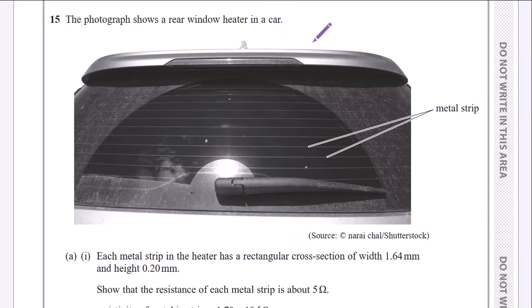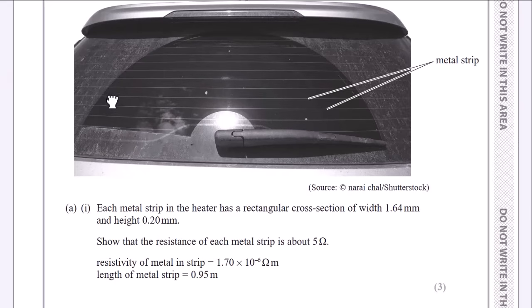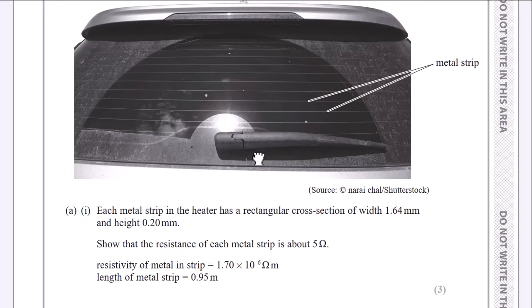Okay, so now let's move on to question 15. The photograph shows a rear window heater in a car. Each metal strip in the heater has a rectangular cross-section of width 1.64 millimeter and height 0.2 millimeter. Show that the resistance of each metal strip is about 5 ohm. Right. So for questions like these, I always request my students to have a visual aid, draw a diagram.